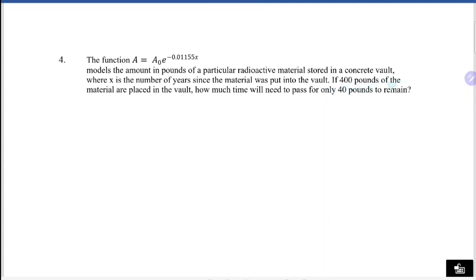If 400 pounds of the material are placed in the vault, how much time will need to pass for only 40 pounds to remain?